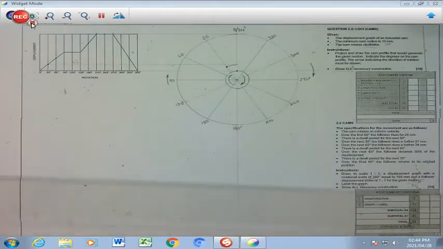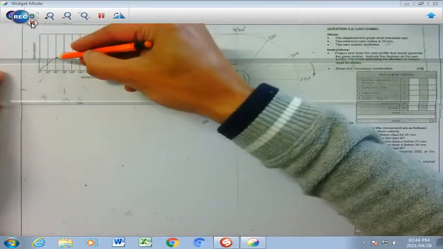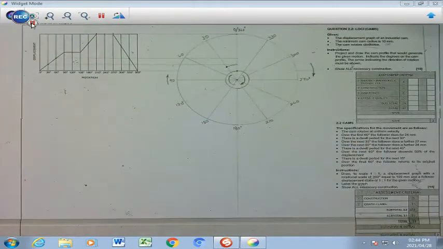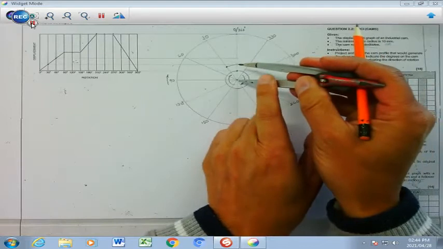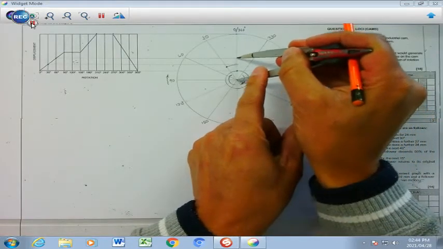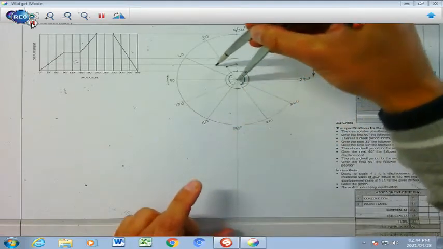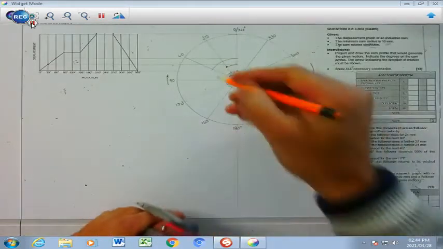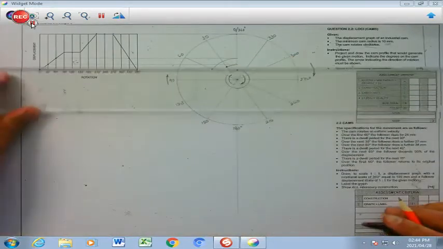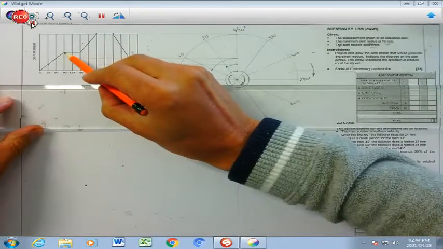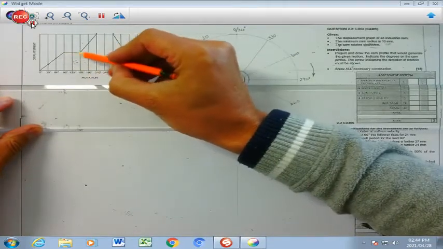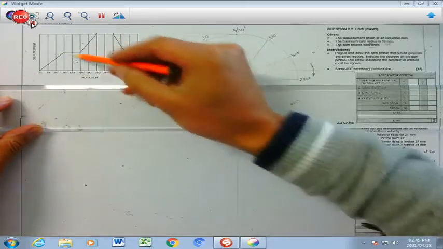Then I'm going to go to my 60 point, project that onto my center line there, take my compass, anchor that on my center point, and from there I'm going to transfer that over to my 60 there, and there's my 60. The same I'm going to do with my 90, my 120 and my 150, which are all in the same line.